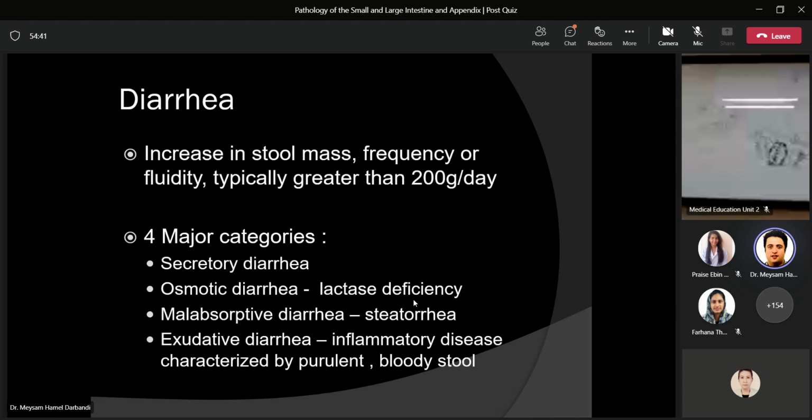Diarrhea, according to Robbins, is an increase in stool mass, frequency or fluidity, typically greater than 200 grams a day. The four major categories, which we already explained, are secretory, osmotic, malabsorptive, and exudative diarrhea, which is an inflammatory disease characterized by purulent and bloody stool.